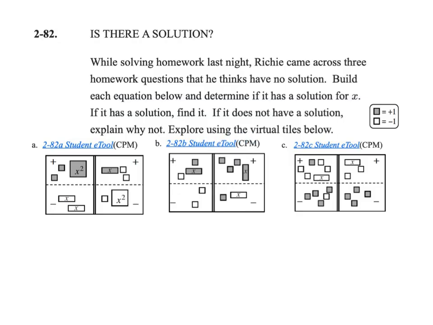So middle school algebra students, what I would like you to do now is open the 2-82A Student eTool. Then on your paper, please label 2-82A. Write the equation, including the left side and the right side, and then try to simplify your equation, writing down your steps for explaining your work.